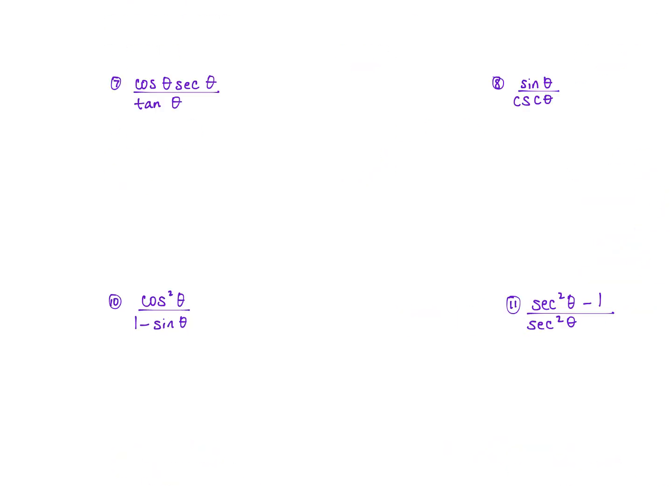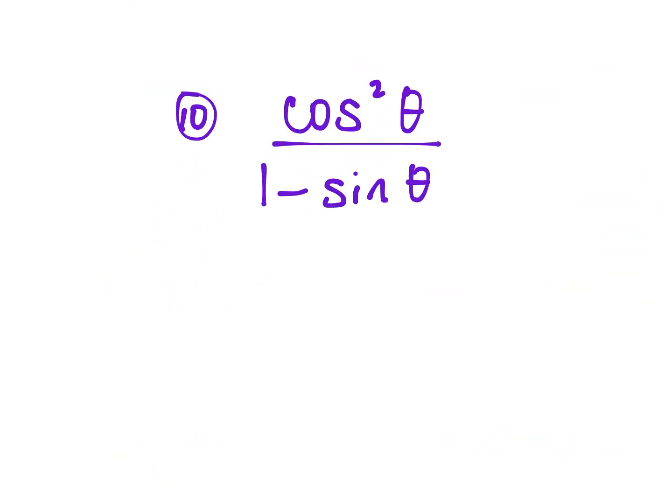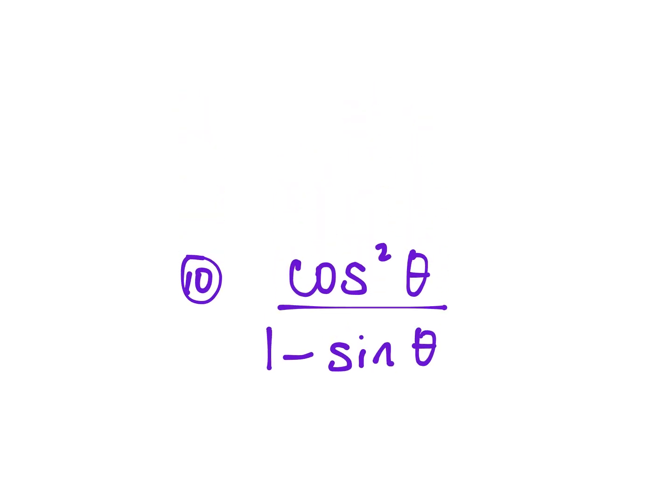Next question I want to do is number 10. Any suggestions on how we could simplify number 10? We can use the Pythagorean identity. I can only use the Pythagorean identity up top, not on the bottom, because the bottom is not sine squared. But up top, we can change cosine.